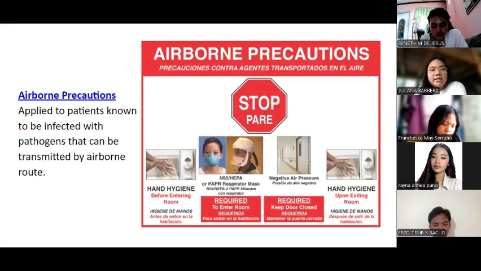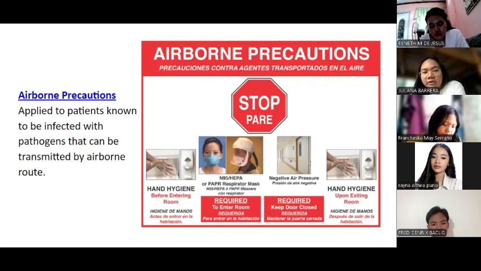Because of their small size, they remain suspended in the air for long periods. So, ayun, dahil maliliit nga yung particles ng under airborne transmission, they suspend in the air unlike droplet transmission. So, ito yung actions to be taken under airborne precautions.